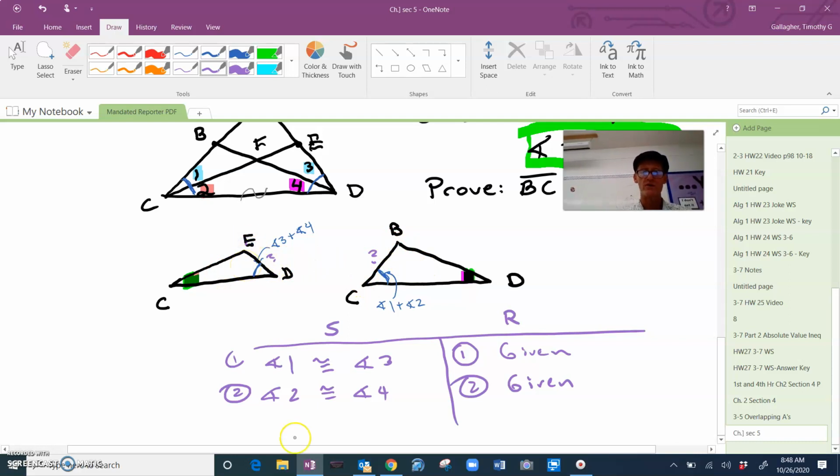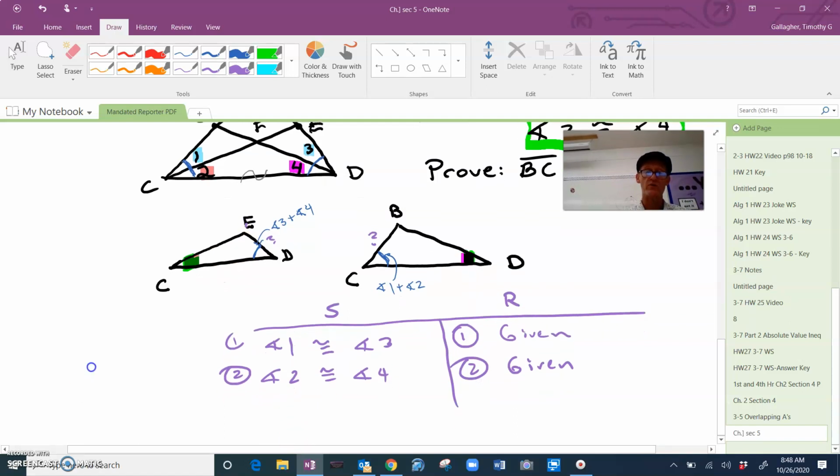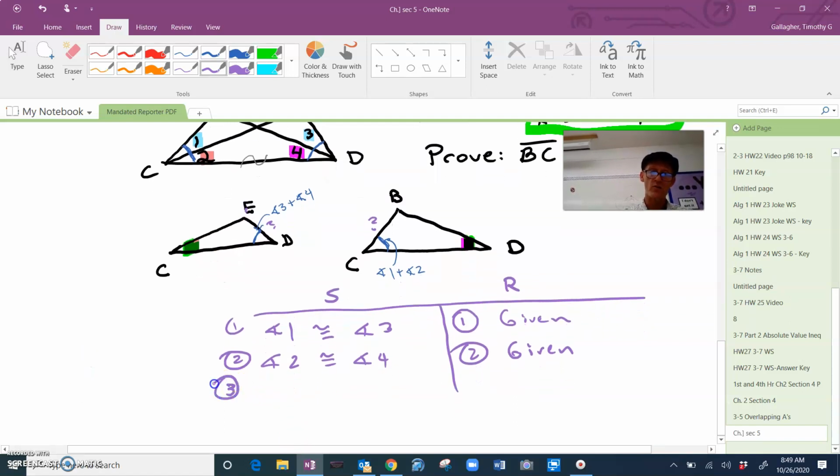But we have to get the triangles congruent, so we are going to next say that the sides are reflexive. So I can say that CD is going to be congruent to DC. So CD is congruent to DC, and that is reflexive.